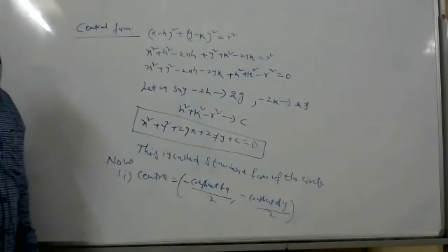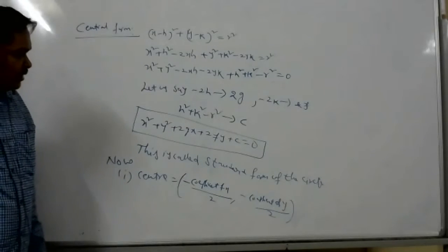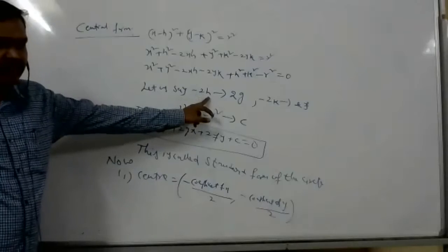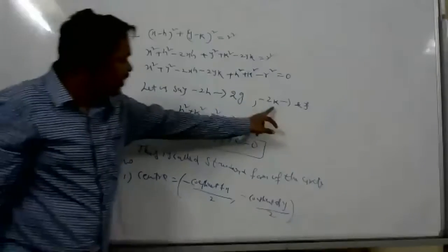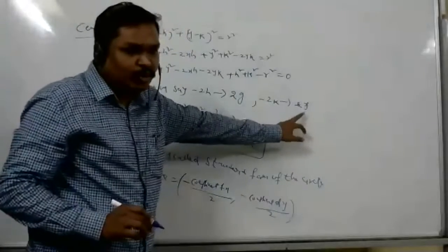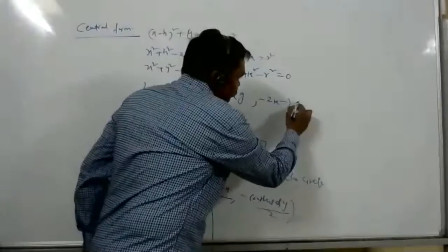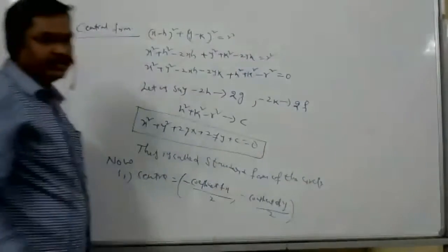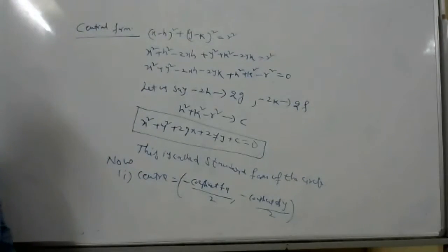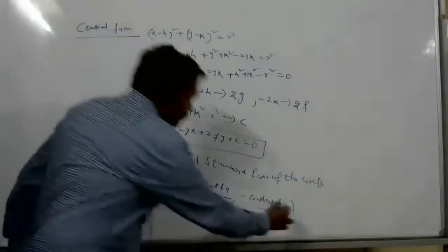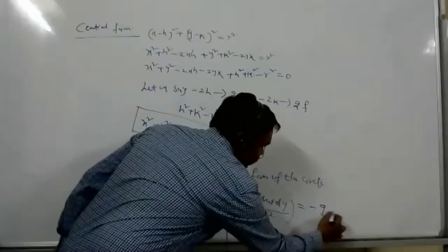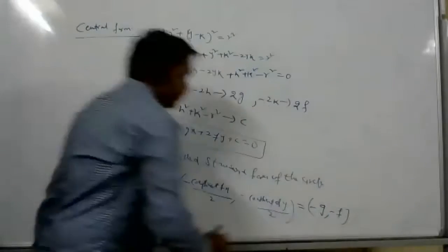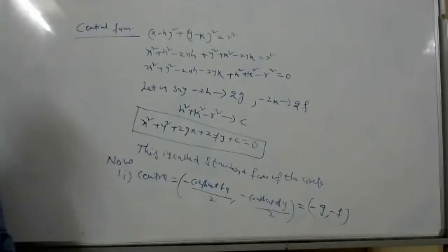So what have you considered minus 2k as? Minus 2k, 2f. Center is minus g comma minus f.